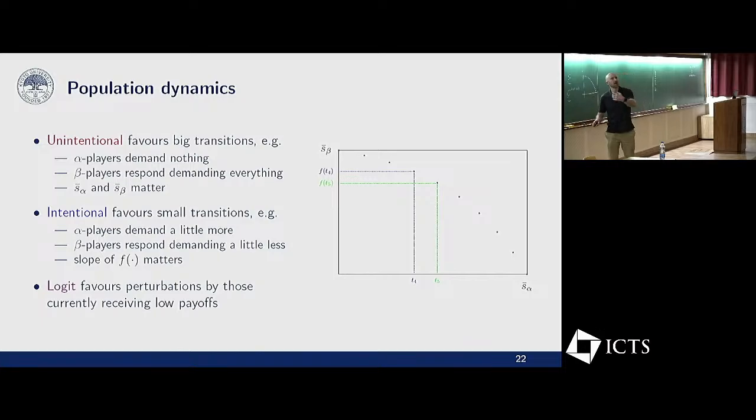If there's a large demand, it takes more perturbations of alpha players demanding a lot more to convince beta players to switch than when alpha players are demanding a little bit more. What that means when you're dealing with small transitions is that the slope of your bargaining frontier matters.